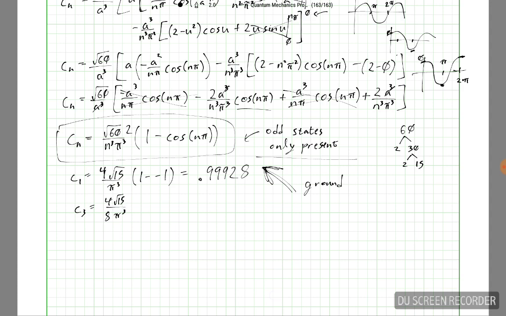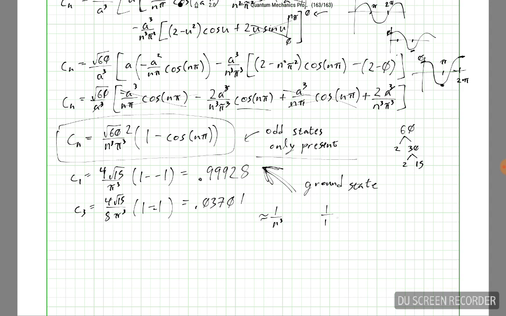So, basically what we have here is a series where what it boils down to is 1 over n cubed.